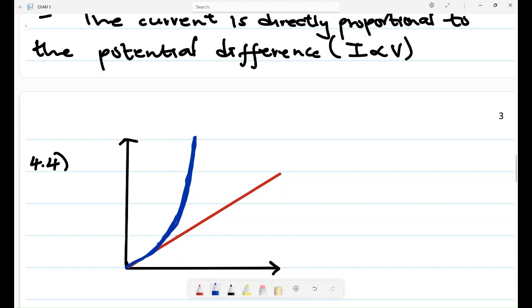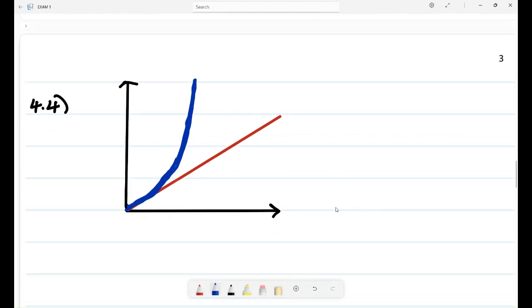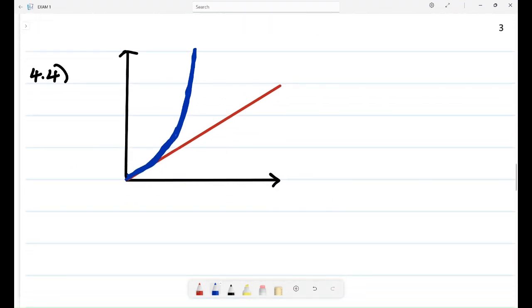Now it will cause the current at some point not to flow because it will be too hot for the current to flow. Therefore, the current will be limited from increasing, therefore causing it to burst maybe.